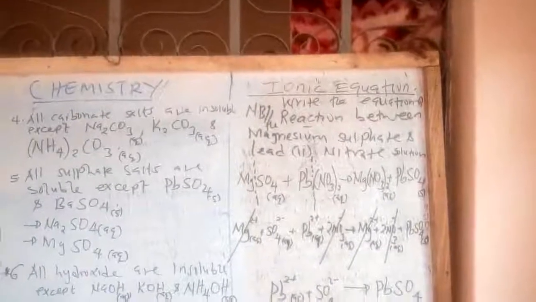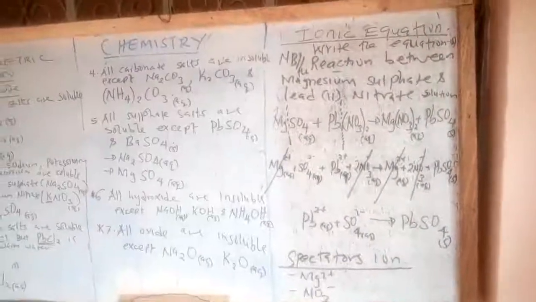Why? Because they were not involved in the chemical reaction. And that is one example of an ionic equation. That is how we write the ionic equation.